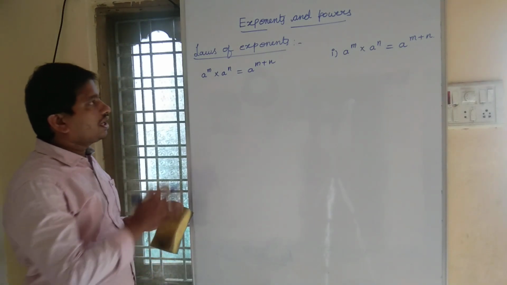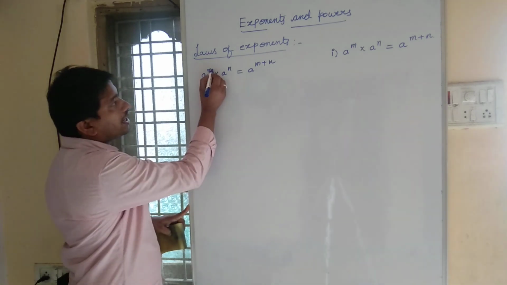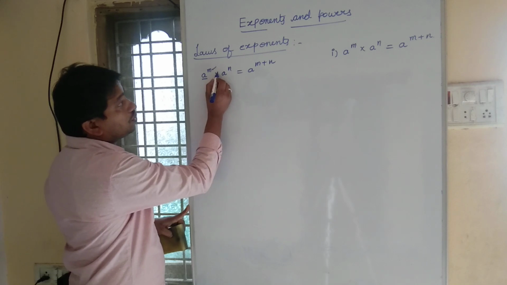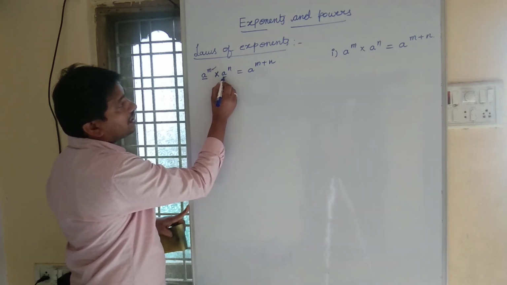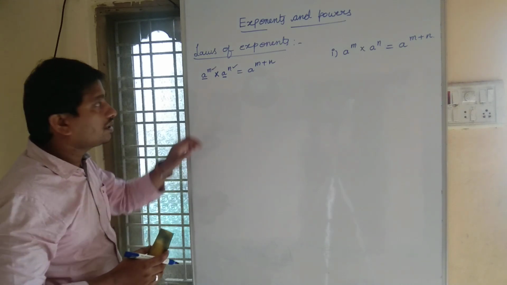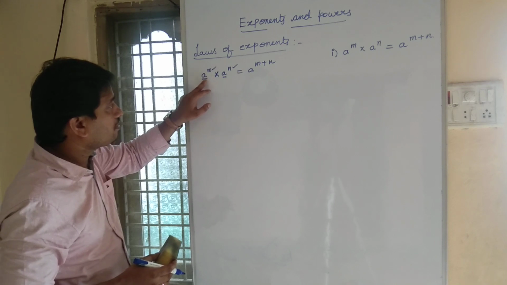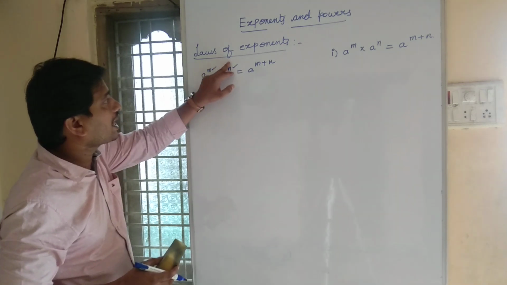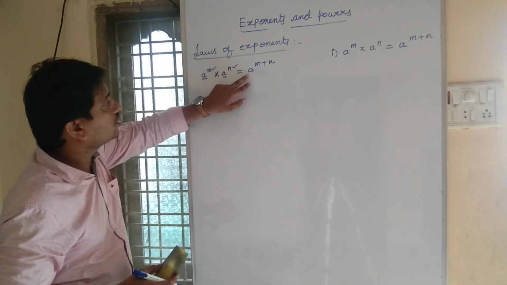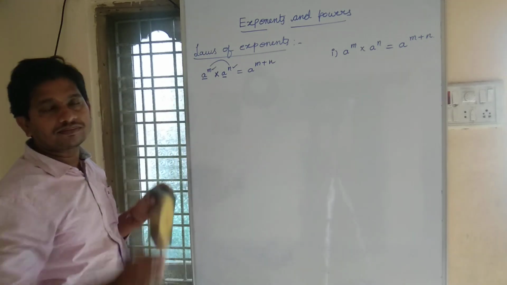In a power m, a is called the base and m is called the power. In a power n, a is called the base and n is called the power. If you observe, children, here the bases are equal. We are multiplying, right? When bases are equal, powers should be added. I mean a power m into a power n is equal to a power m plus n.